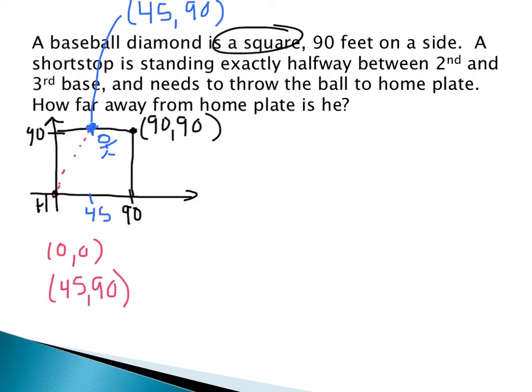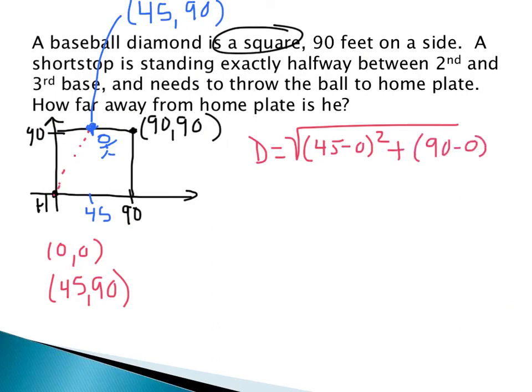Well, we know how to find the distance is using the distance formula. So the distance is equal to the square root of 45 minus 0 squared plus 90 minus 0 squared. So that's really 45 squared plus 90 squared. 45 squared is 2025. 90 squared is 8100.